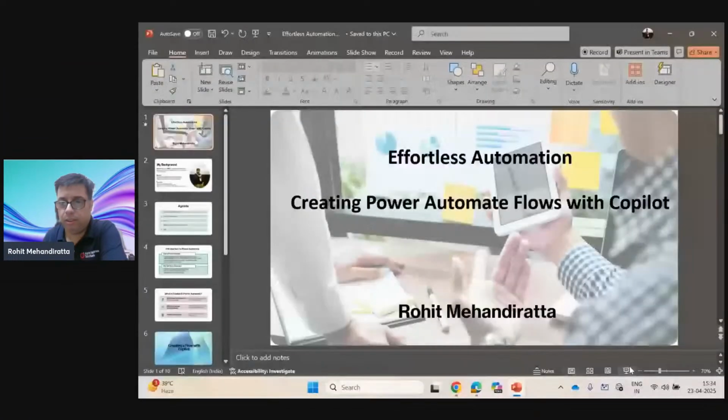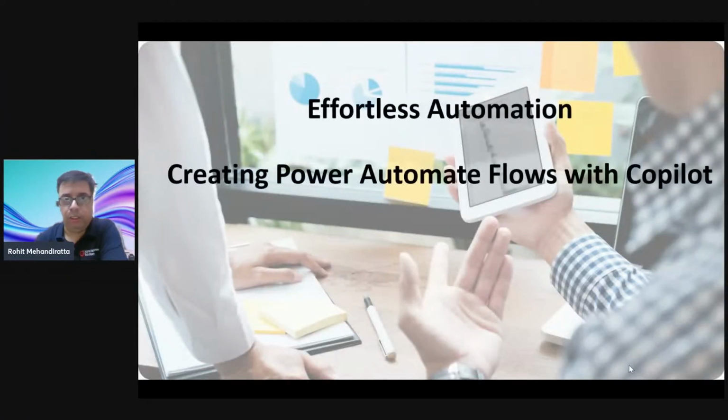So let me first start. Part, my screen is shared. Yep, once you bring up the PPT, here we go. I hope you all can see my screen. If at all you have any problem, please drop a message in your chat box.